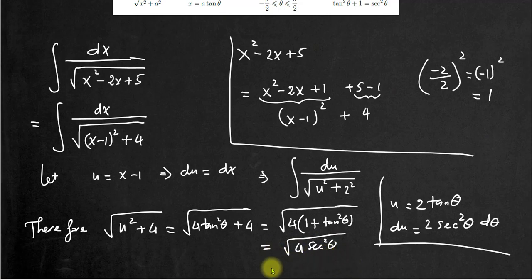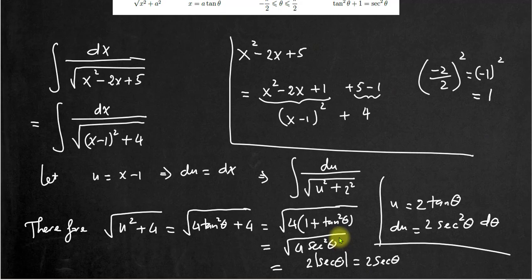When you take the square root of secant squared, given that secant is bigger than 0, you will get secant. When you take the square root of 4, you get 2, so you will get 2 secant, the absolute value.